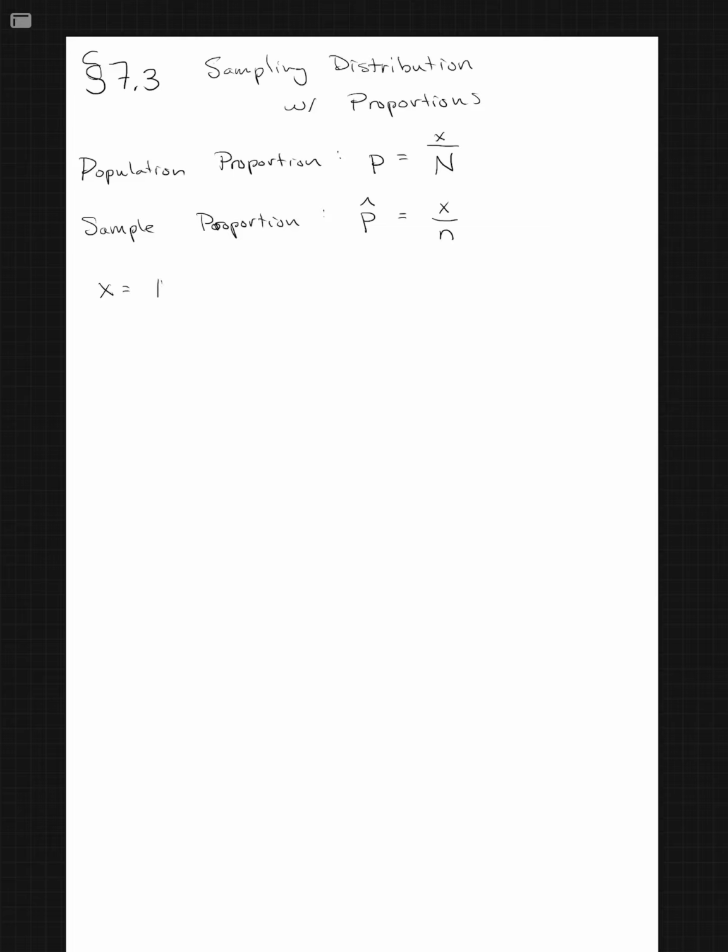X equals the number of individuals with a certain characteristic, right? So if you're wondering about the proportion of people who voted in the last presidential election, then X will be the number of individuals who voted in the last presidential election.